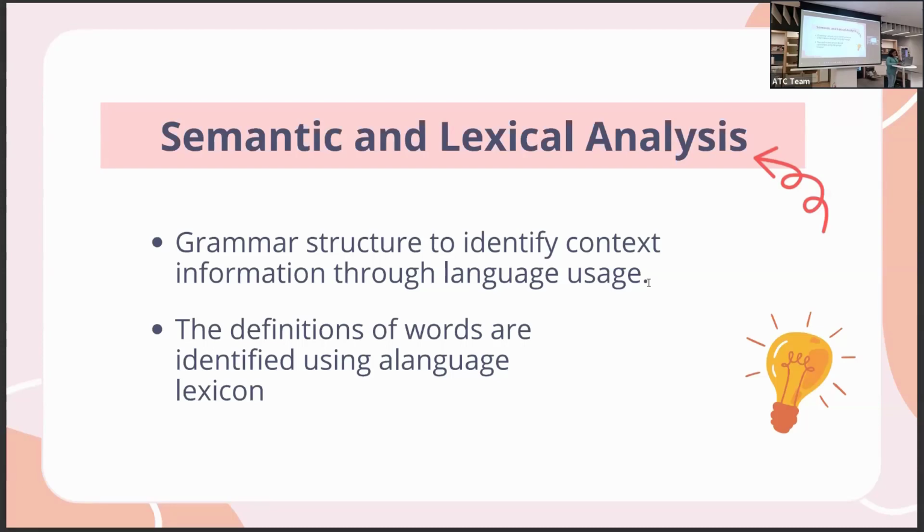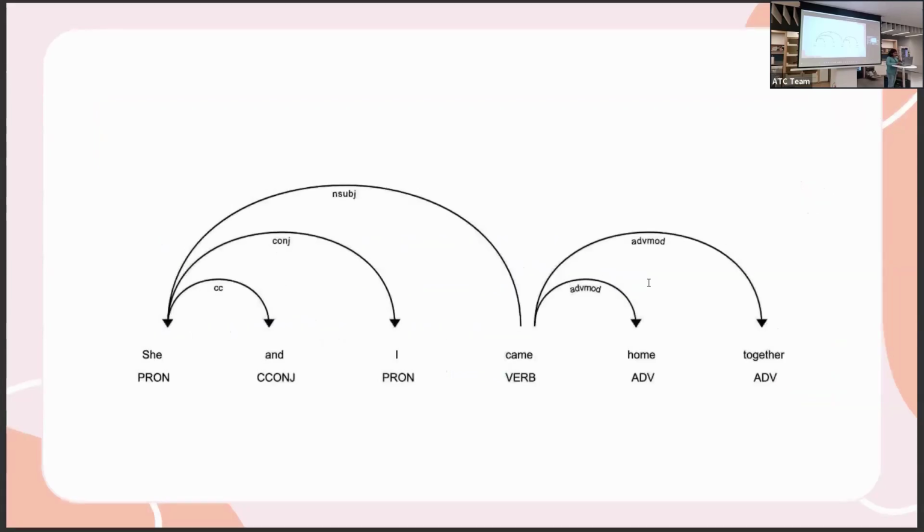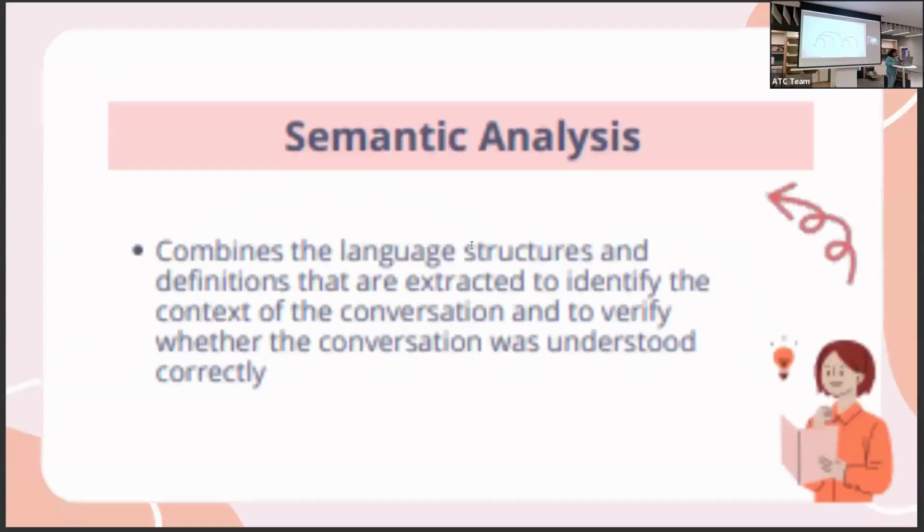It also uses dictionary usages of the words to get further context on understanding of the sentences. This is generally how the sentence analysis goes. You can see it identifies pronouns, conjunctions, verbs, adverbs, and it sees how each of the words also relates in context of the sentence to extract the meaning of the sentence at a very basic level.